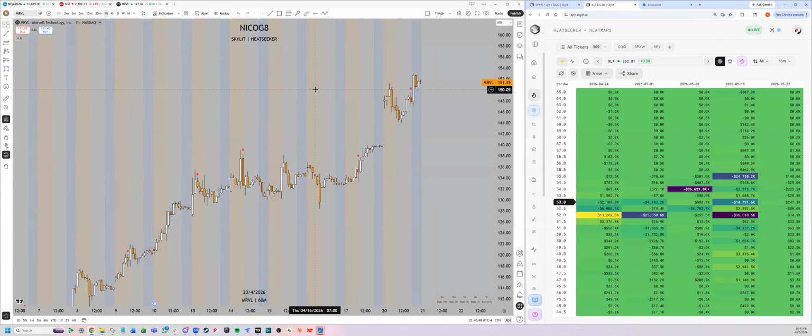Like, if XLF retests 52 and we're expecting a bounce there, then you probably want to go look at the top tickers in that sector, and you can probably get a nice setup there. That's roughly what I mean. I think John uses that strategy a lot. I don't check the sector ETFs too much, but I should, I'll be honest.